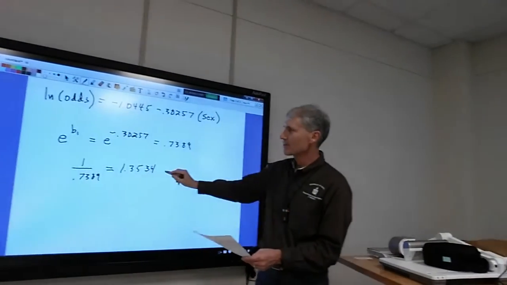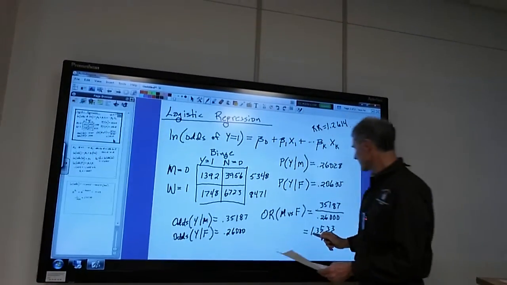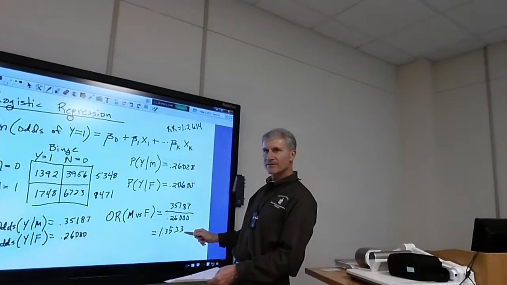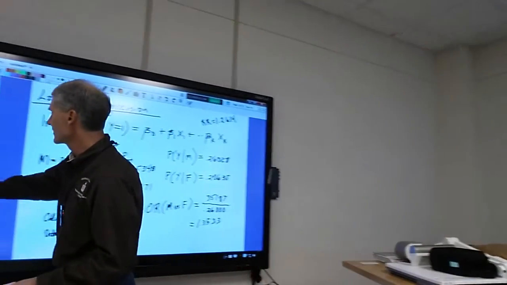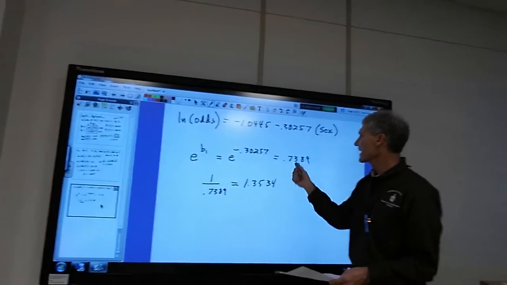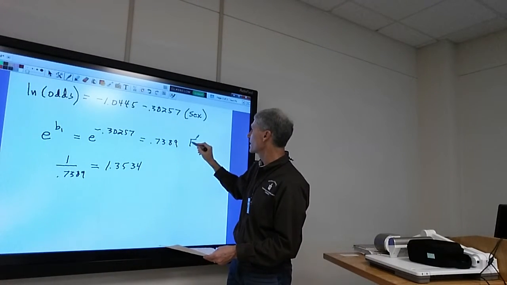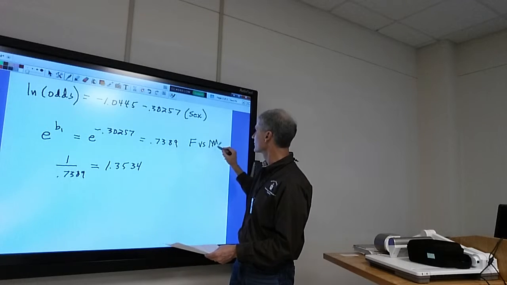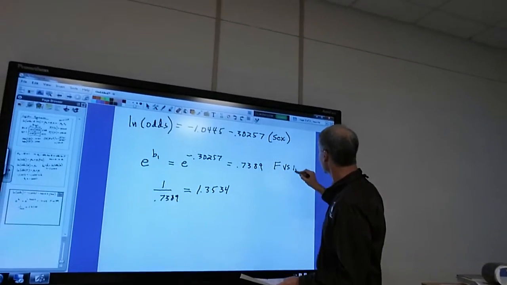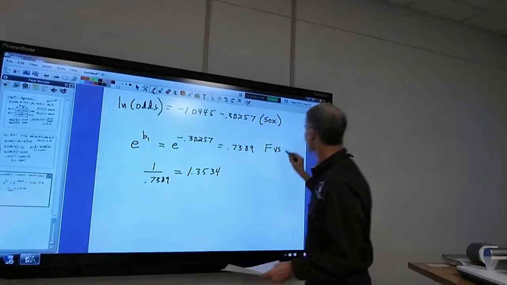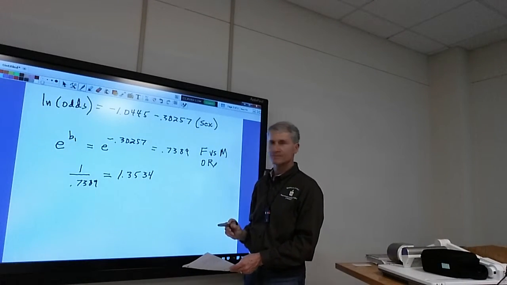Okay. Does that number look familiar? Yeah, we just undid that. That's the ratio. 1.3533. That's the odds ratio males to females, right? So then when I did the model, I flipped them, and I got e to the b1 as the odds ratio. This is females versus males odds ratio, OR. Right?